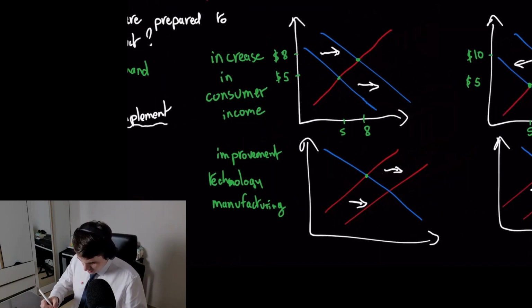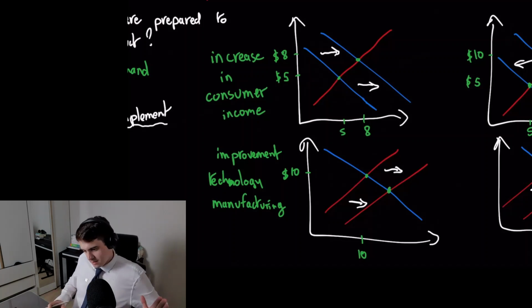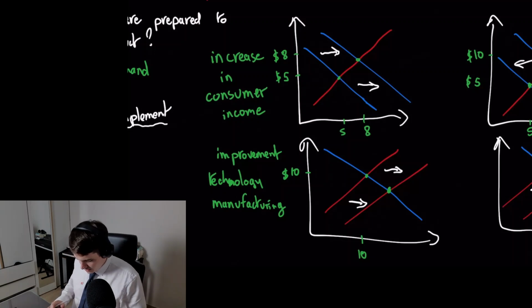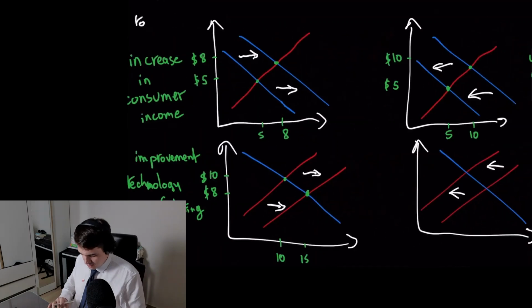Before, this was the equilibrium price. The price was $10 and the quantity was 10, and now we shifted the supply curve to the right. So now it is cheaper to make, so $8, and we make more quantity, right?